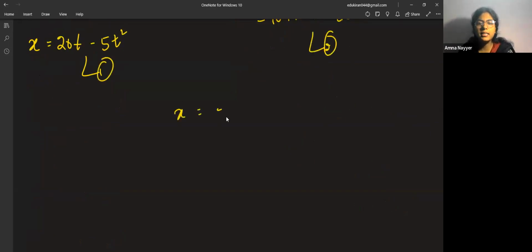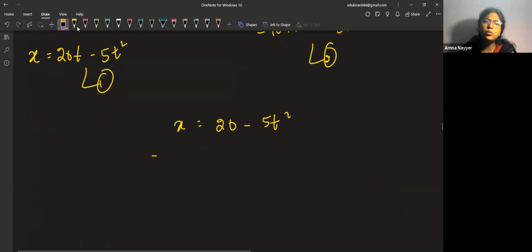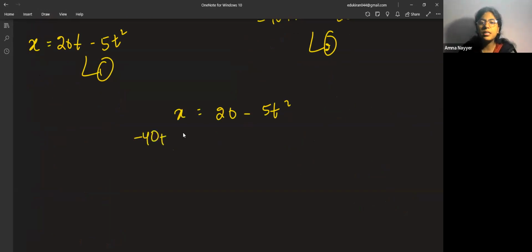So x is equal to 20t minus 5t squared, and minus 40 plus x is equal to minus 20t minus 5t squared. I'll write it properly. So it's two equations with two variables. You have studied in your lower classes, linear equations with two variables. Let's subtract this.